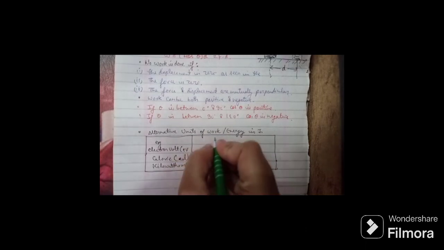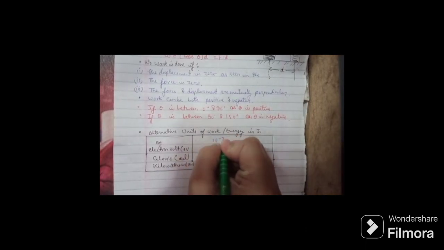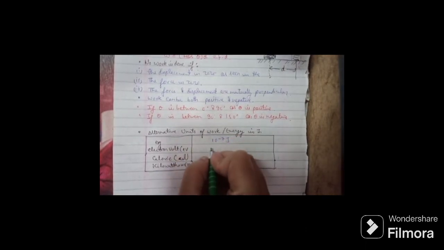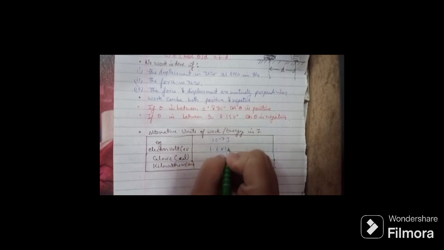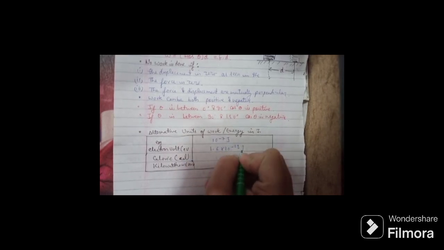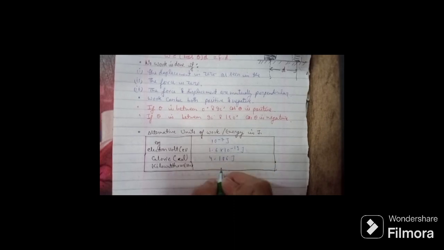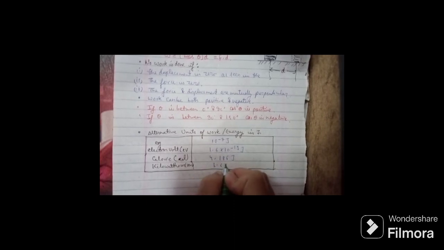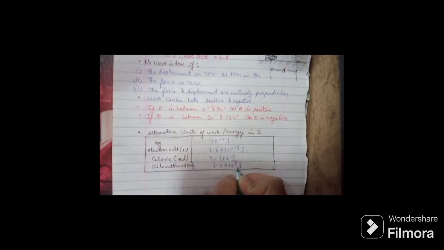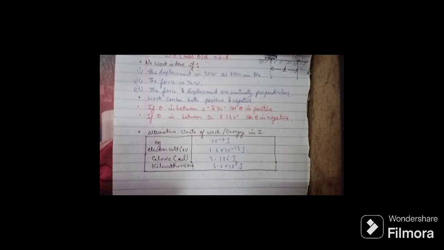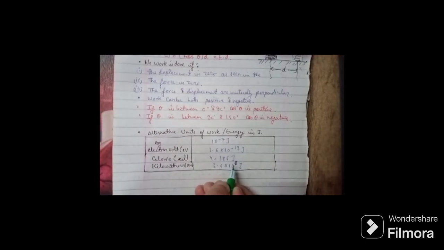Erg is 10 to the power minus 7 joule. Electron volt is 1.6 into 10 to the power minus 19 joule. Calorie is 4.186 joule. And kilowatt hour is 3.6 into 10 to the power 6 joule.